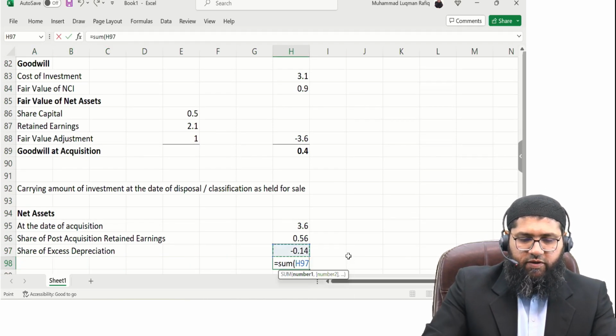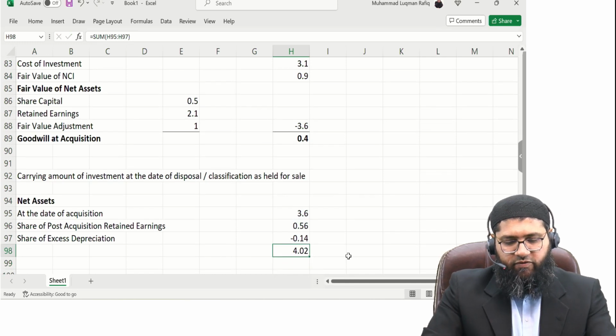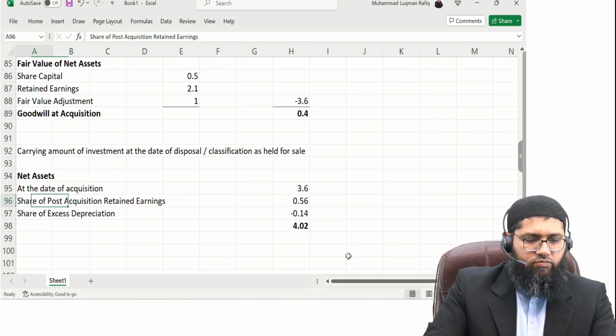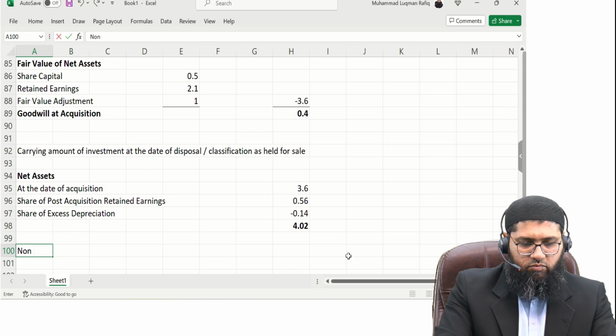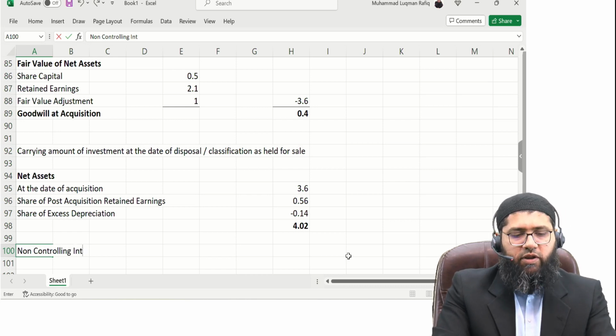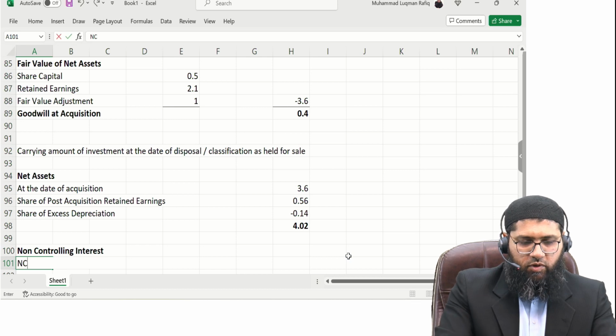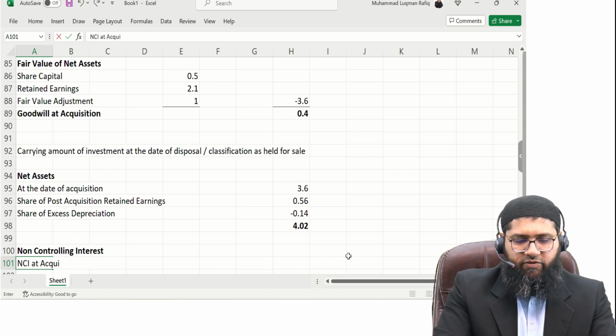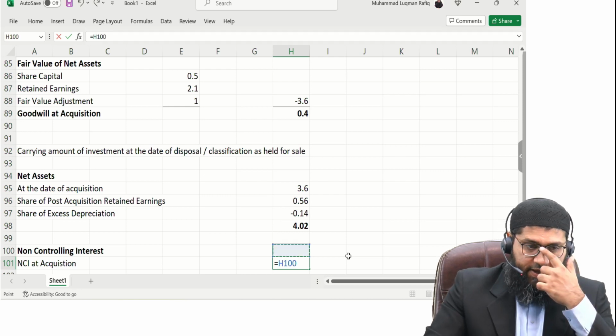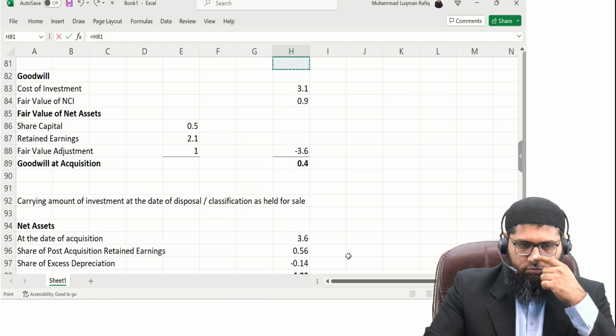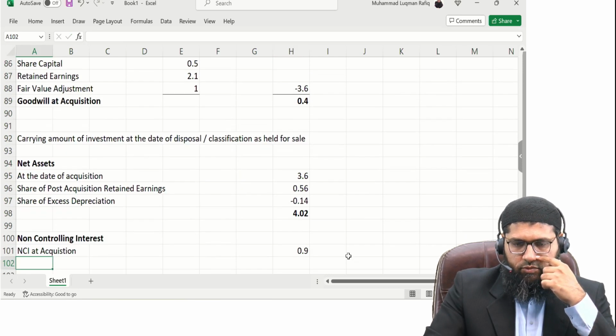So hence the net assets would be shown like this, 4.02. The non-controlling interest would be shown like this. NCI at acquisition is this.